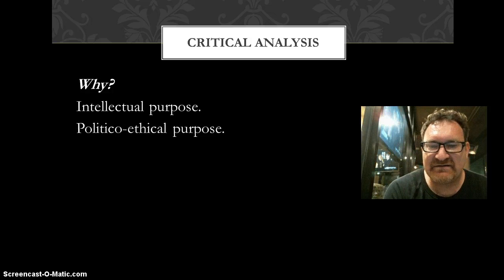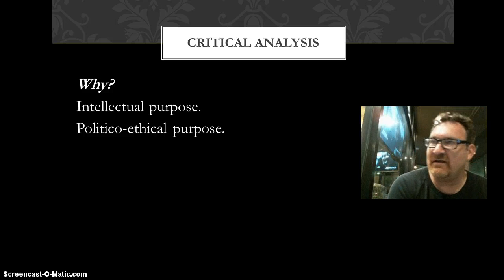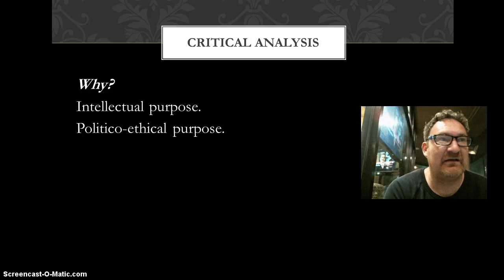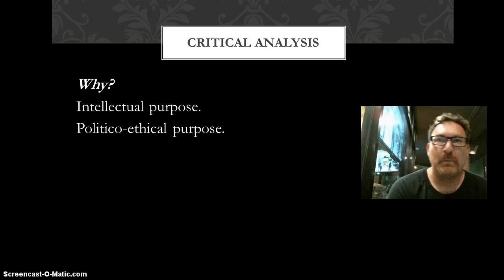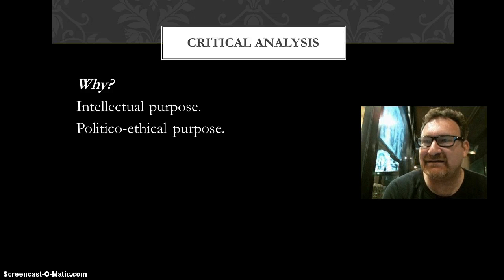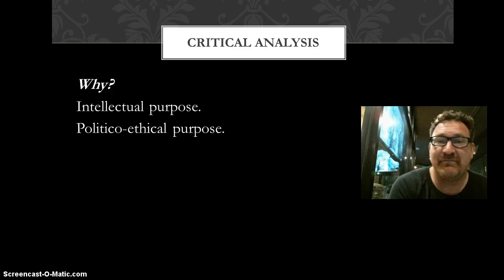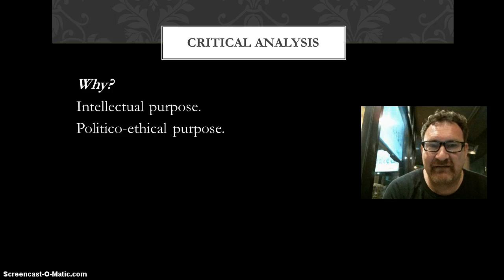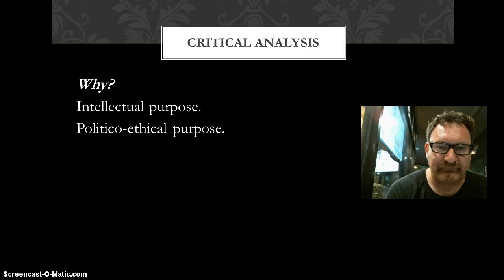Critical analysis also has a politico-ethical purpose as well, especially for the social sciences and most especially for economics, because economics informs practices of businesses, institutions, and the formulation of public policy, which can have significant effects, both harmful and beneficial, on many, many people's lives.